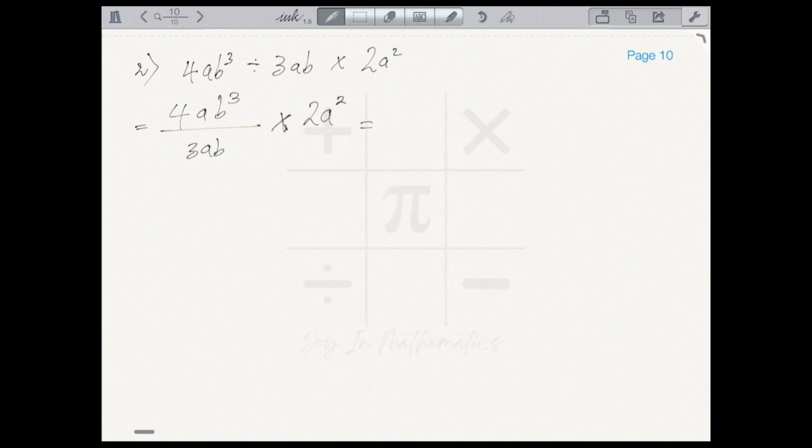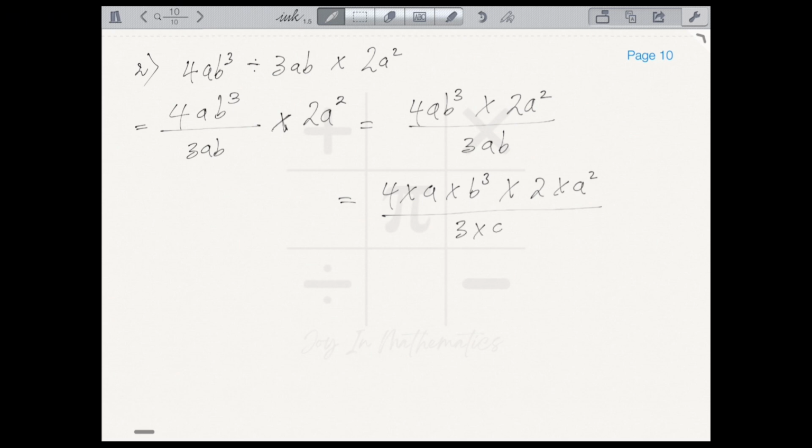Now we can rewrite this as 4ab raised to power 3 multiplied by 2a raised to power 2 divided by 3ab. Now we can separate the terms and say this is 4 times a times b raised to power 3 times 2 times a raised to power 2 divided by 3 times a times b.